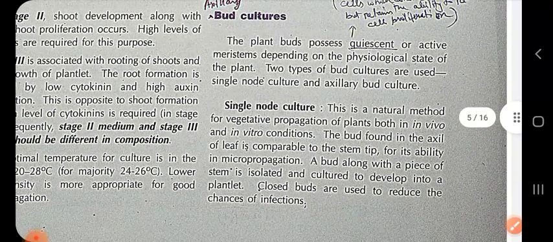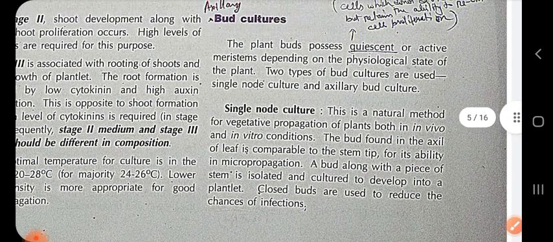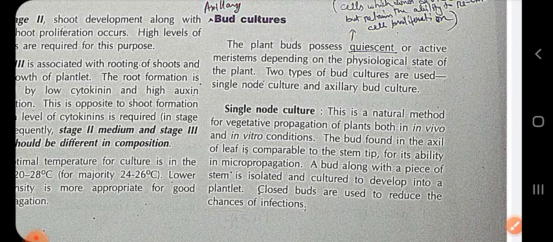Now two types of bud cultures are used. One is single node culture, where we use the entire nodal segment of the plant along with the axillary bud, and the other is axillary bud culture, where only the axillary bud is used. Okay, so single node culture is a natural method for vegetative propagation where we take the nodal segment just like this.